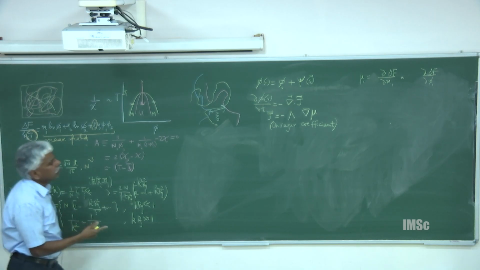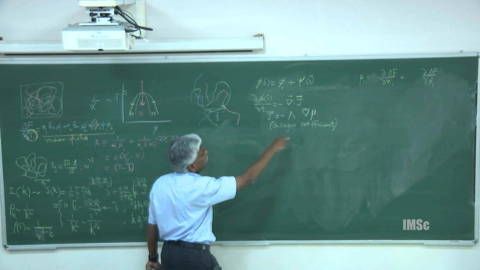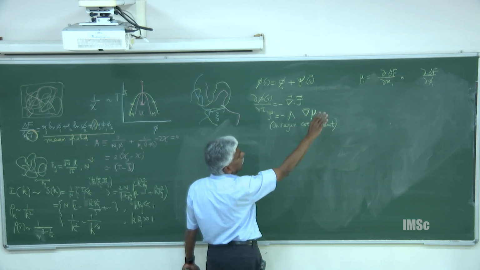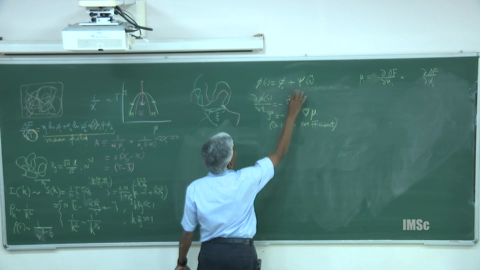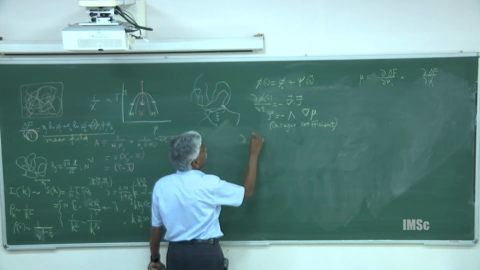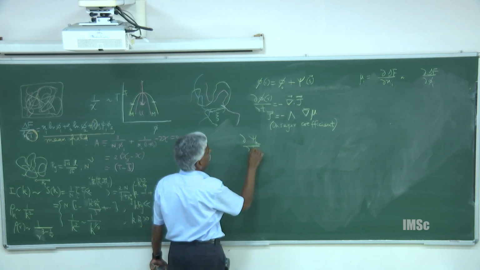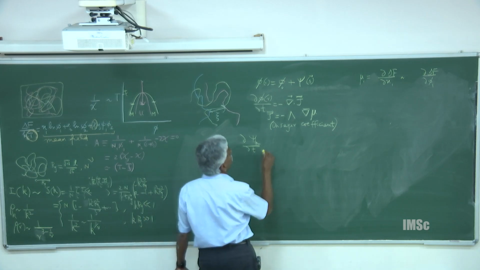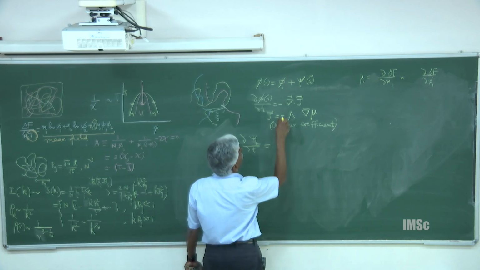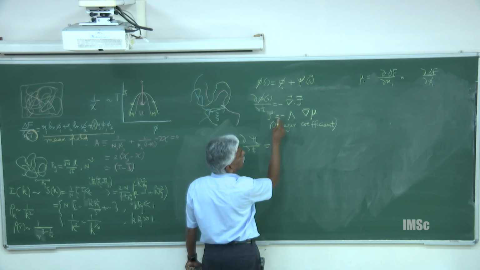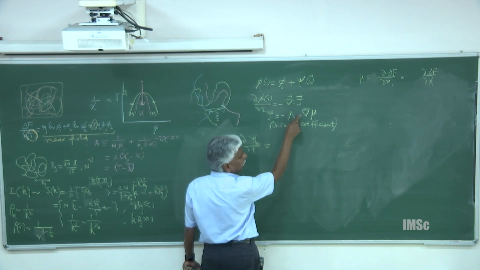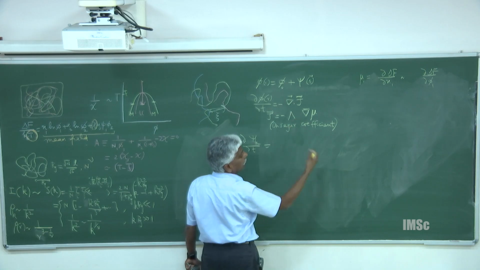So let me work out the Fourier transform of this continuity equation, but take care of the linear response, only the fluctuation part. What you get is d psi k by dt is equal to, going back to this, negative times positive, and then I have this lambda, there is a del square. The Fourier term to del square is a negative k square.